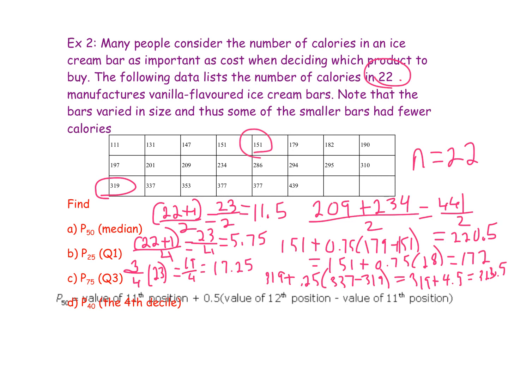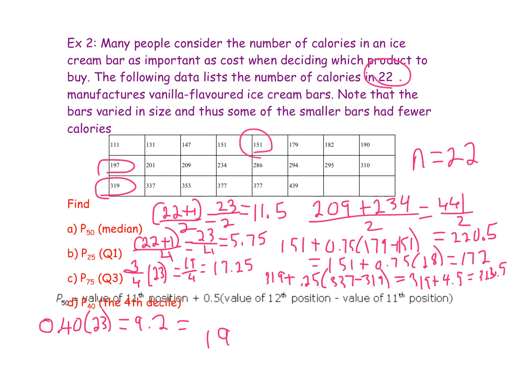You can check that. All right, so for P40, for the 40th percentile, we're going to do the same thing, but this time we're going to multiply 0.40, because that's the 40th percentile, 40 out of 100, times our 23 to find the position. And so that's going to give us 9.2. So we want to count over to the 9th number, and that's our starting point.